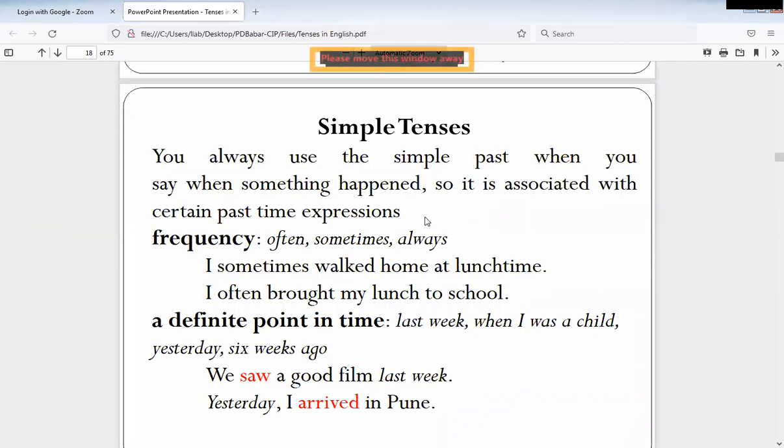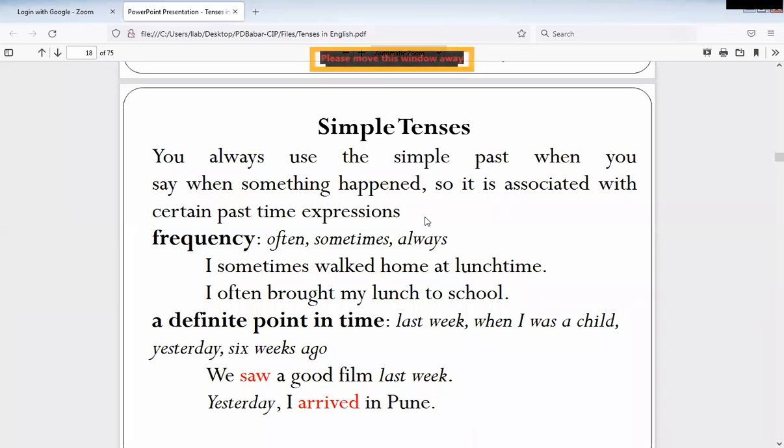Okay, so the indicators of frequency are often, sometimes, always. Okay, these are the action indicators of frequency, which show the frequency of the action which has happened in the past.